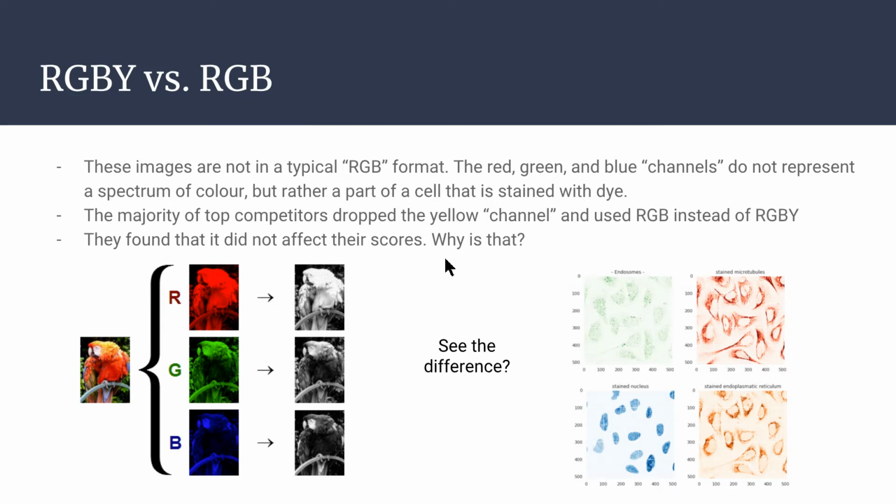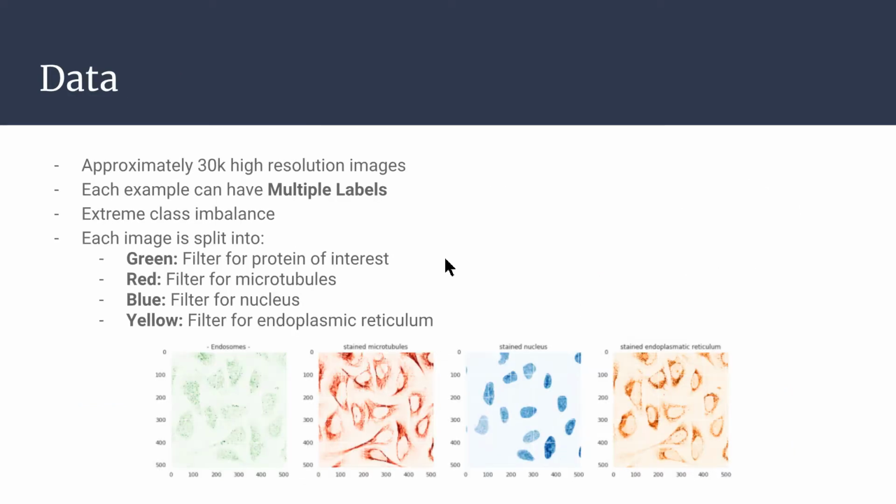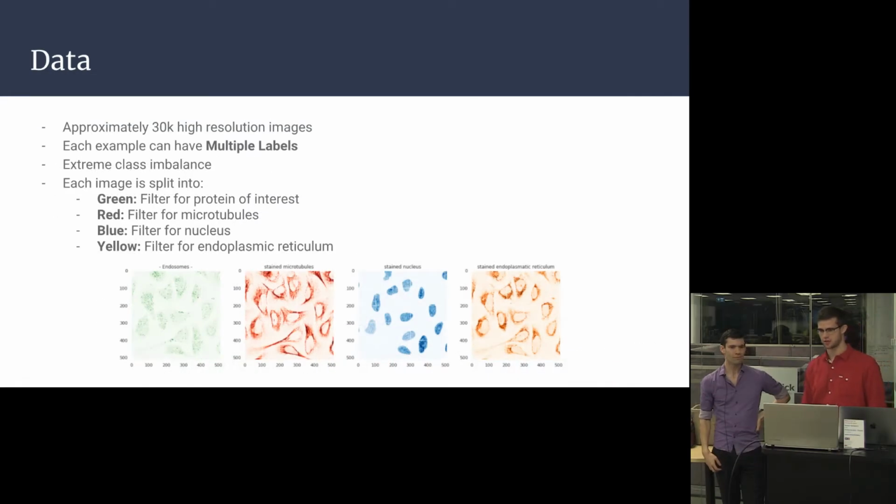Just briefly, before we go on, I wanted to mention why people dropped channels and found that it didn't change anything. Like David said, these were reference points, and usually people were dropping the yellow channel. And when we think about the morphology of these cells, the microtubules and the endoplasmic reticulum usually exist within the same location.